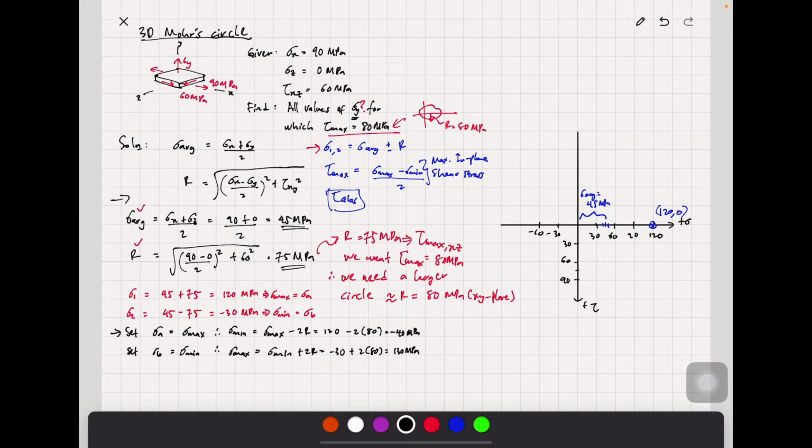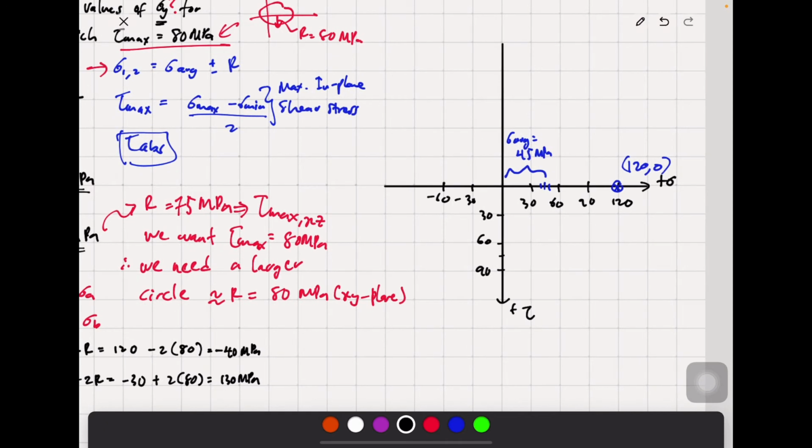And out of that we can draw our circle. This is 45 megapascal, 75 is around, right? I need to make some correction over here.